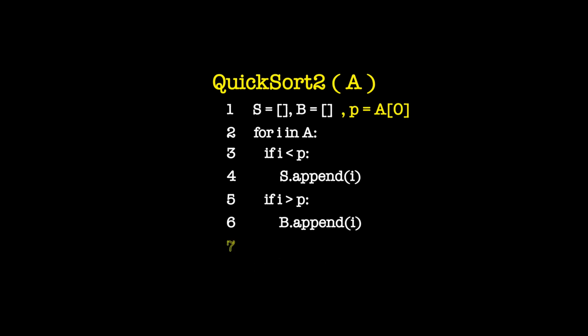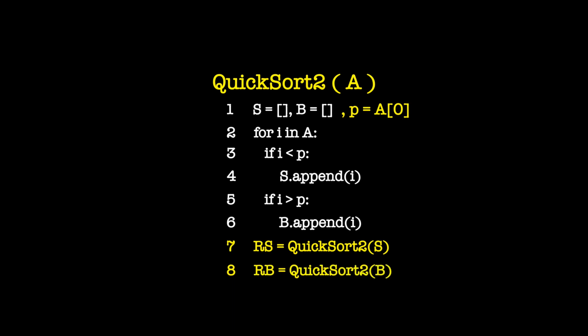So now, instead of looping over all elements, we are just going to call our own QuickSort algorithm on S recursively. Similarly, we are going to make another recursive call on B as well. And the results are concatenated in the final sorted list.